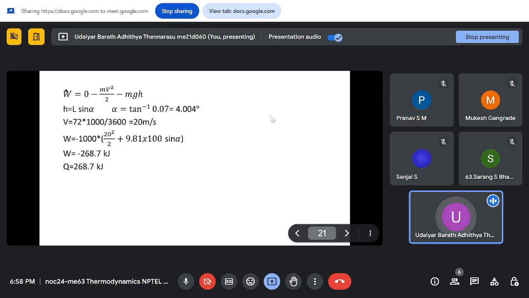The friction brakes which you apply put friction on the wheels, and because of that the energy will be dissipated in the form of heat. That will be equal to 268.7 kilojoules. Whatever internal energy you are losing in the process of braking is dissipated in the form of heat to the environment, so it will be the same. I hope this is clear.